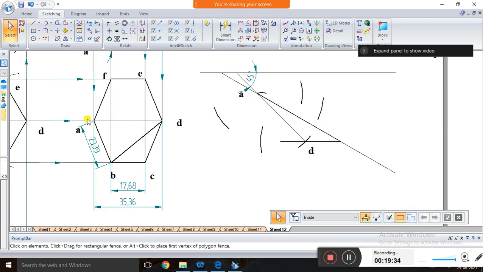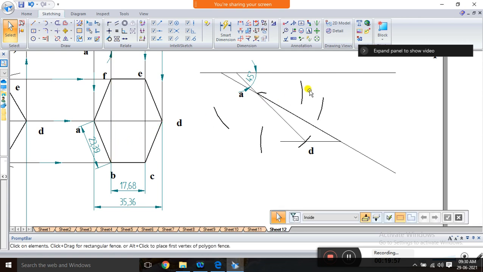So next, after cutting all the four arcs, you just draw parallel lines, because AD, this BC and EF are parallel, is it correct? So you can use it directly, don't stretch from D to B like this.